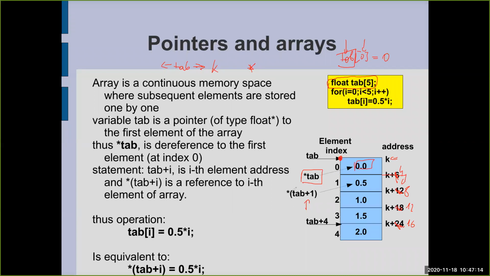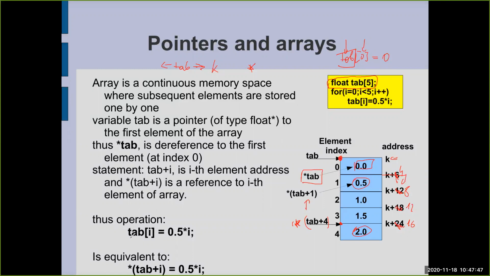So now asterisk of tab + 1 will point to the second cell. Tab + 4 stores the address of this cell. So it is k + 16. And asterisk of tab + 4 will get access to the value of the 5th cell.